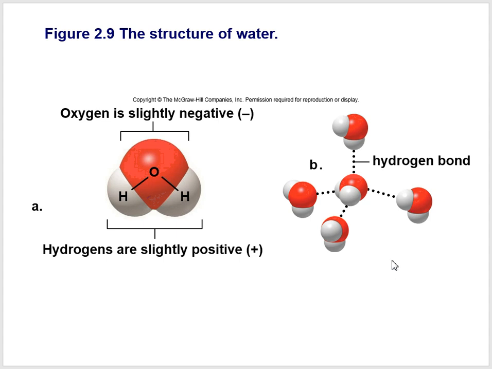We would not have liquid water on this planet, and of course that would mean life is non-existent or very, very different. So these hydrogen bonds allow water to stick together and not float away from one another as easily as most molecules that are the size of water. So that's item number one, the fact that the structure of the water molecule creates hydrogen bonds.